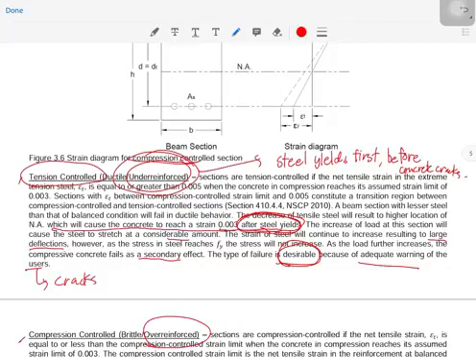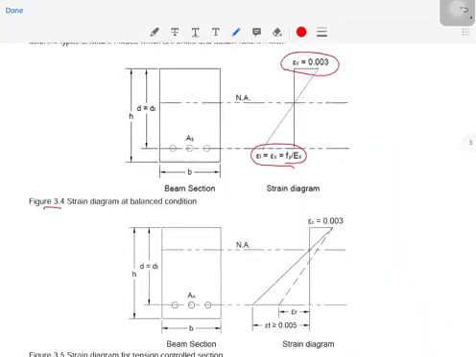Okay, so steel yields first before concrete cracks.